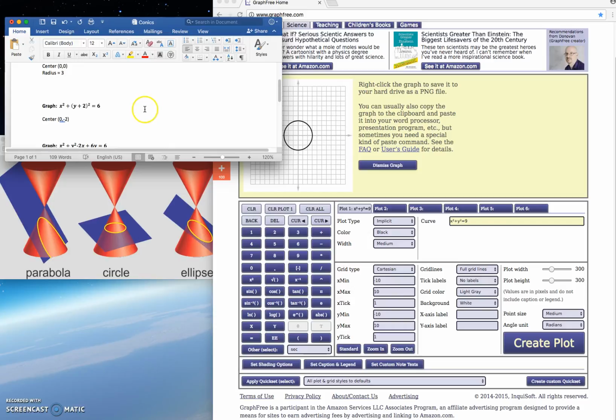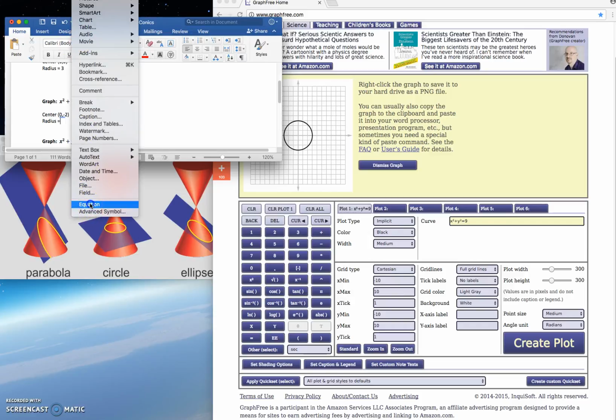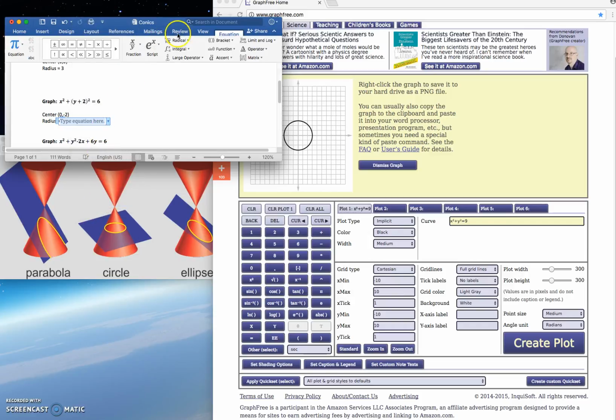And our radius is going to be the square root of 6. If you said that, you are correct. I've got to figure out how to write a square root sign here real quick. There we go.